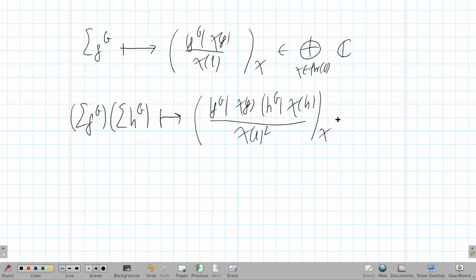And this is the chi component. So our goal is to find, and here the notation is slightly different, the coefficients lambda_{g,h,w}, such that we want to rewrite this.